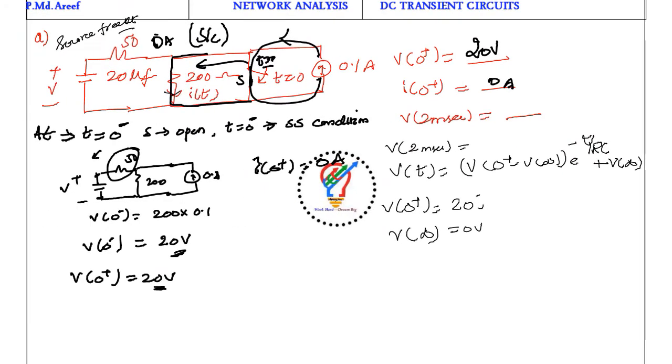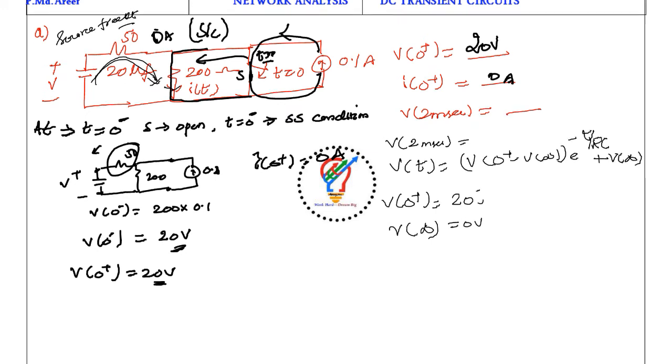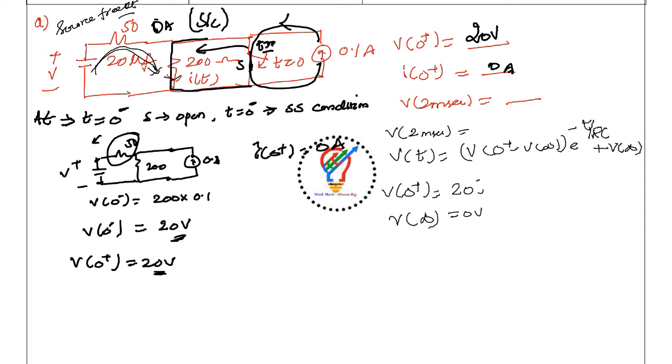Why? Because whatever energy is stored by the capacitor is going to be delivered through this path. After t is equal to infinity, it is going to be open circuited, so no current flows here. V is equal to 0.